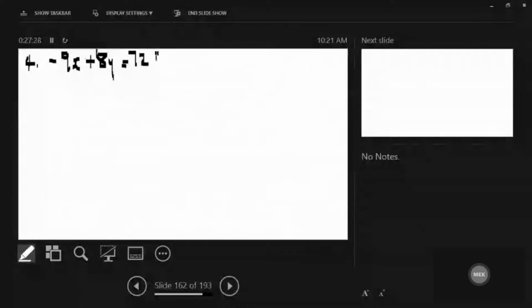That's equation 1. And 5x minus y is equal to negative 9. And that's equation 2.